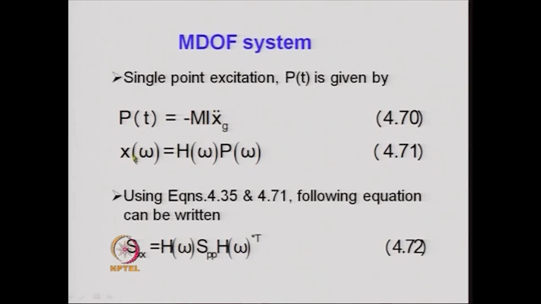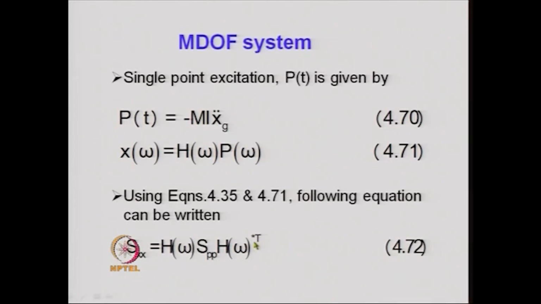Now if this relationship holds good, then from the discussion that we just had, we can write down the power spectral density function matrix of x, Sxx, equal to H omega matrix multiplied by the SPP matrix, that is the power spectral density function of the excitation, into H omega star transpose.